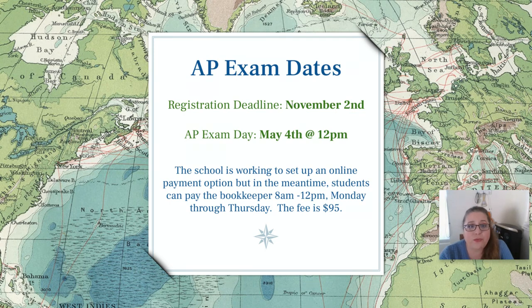If your family qualifies for free or reduced lunch, you need to fill out that paperwork just to verify. In that case, I think the exam is between $15 and $25 for you. Everyone else, it's $95.